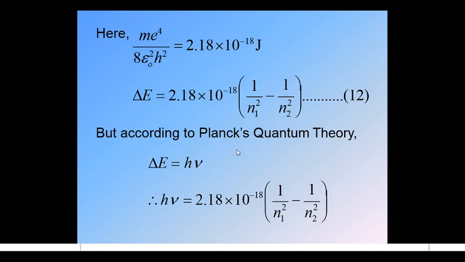Now according to Planck's quantum theory, which we already studied in black body radiation, the energy associated with a transition is equal to h nu. So delta E is equivalent to h nu, and from that you can calculate the frequency nu, isn't it?